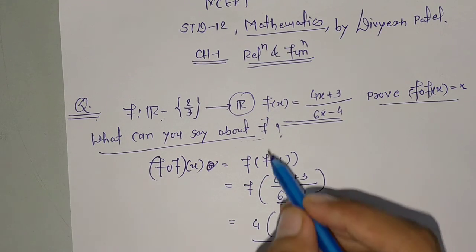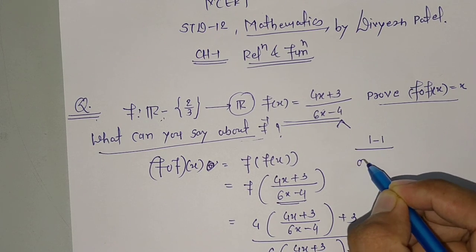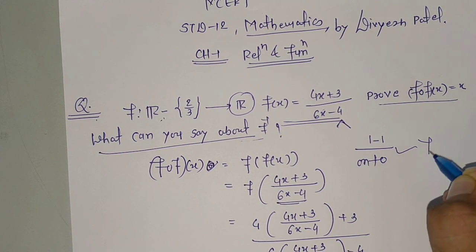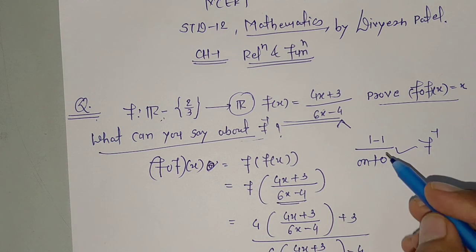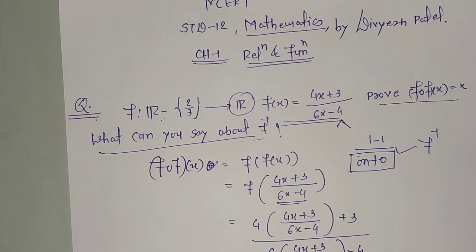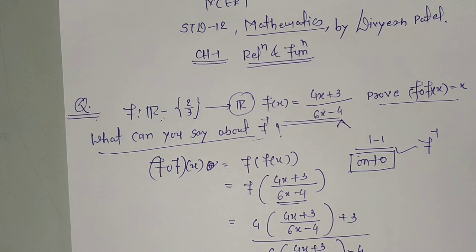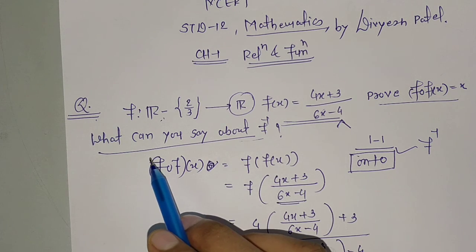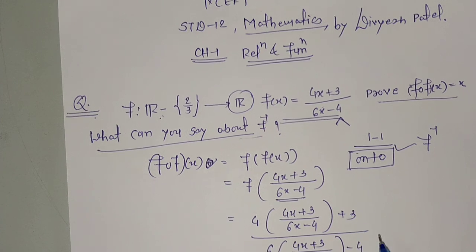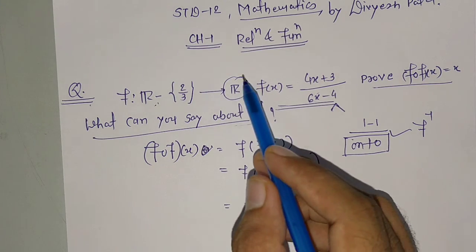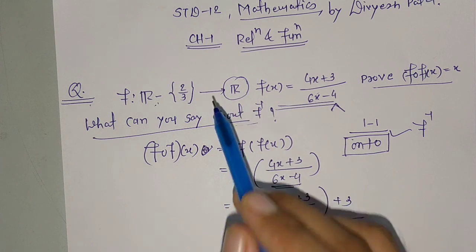So for f inverse, this function must be one-one and onto, then I can find f inverse. So let's talk about the onto part. As 2/3 is excluded from the domain, we cannot put 2/3 as an input and we cannot get the output, whatever it may be. So there is one value in R which cannot be in the range.